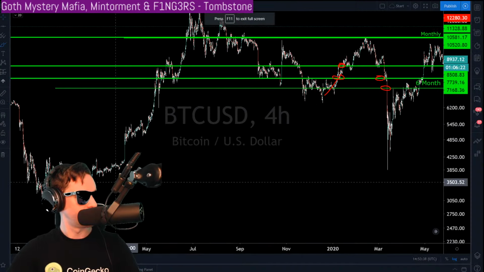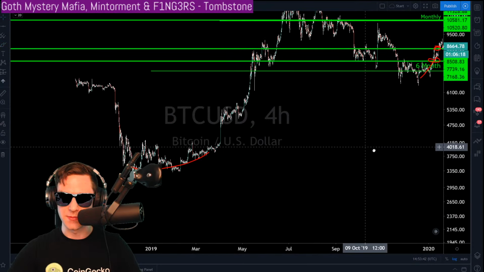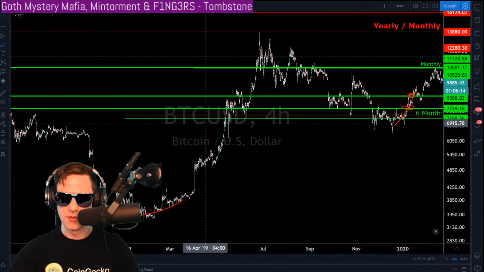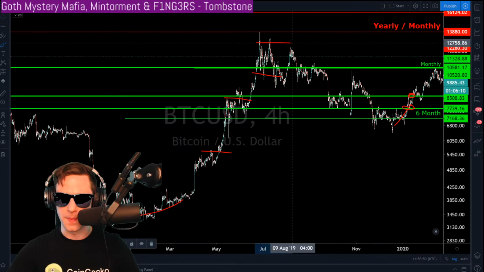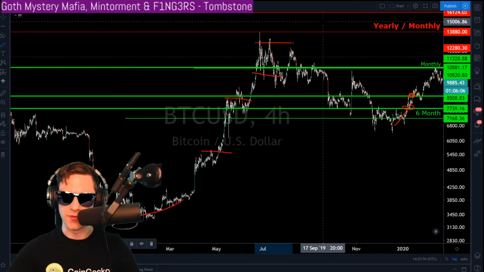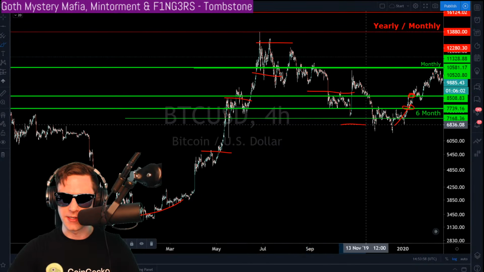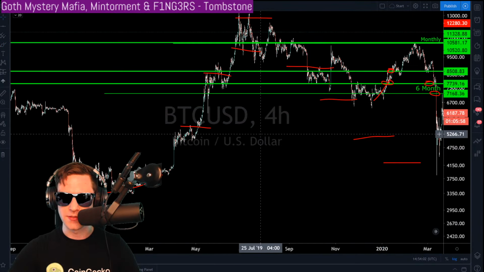My personal thing: I was buying. Nobody was buying, but I was buying back here, and I sold small bits on the way up. And instead of trying to breakout trade, throw the profit back in on the way up, I just started layering them back down as buy orders.